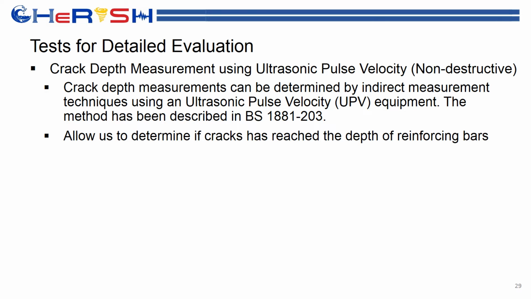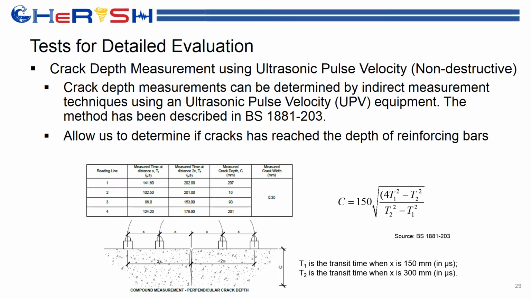Now, in order to do that, for example, if we have a crack width of greater than 0.41 millimeter, then the next question is how deep is the crack? And one way to actually measure the depth of the crack is using an ultrasonic pulse velocity test, right?